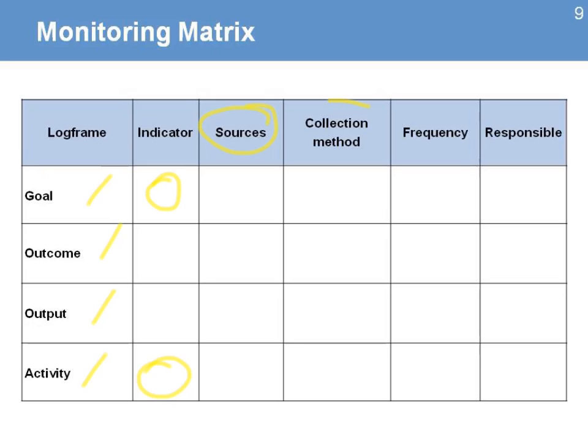How we collect information is another important element, because that is going to have an impact in terms of the time and the cost of it. Also the frequency, how often we want that information, and the person responsible for managing that element of monitoring metrics.